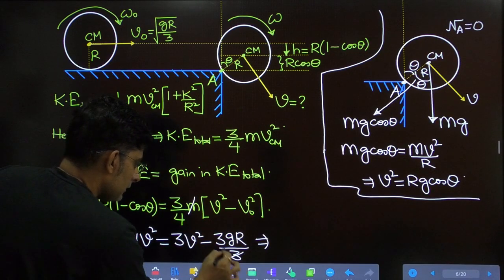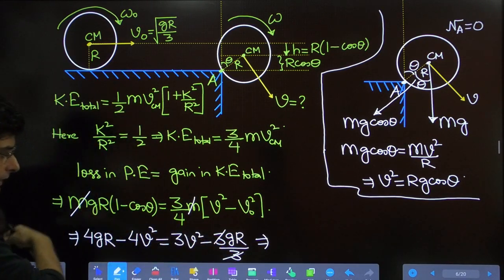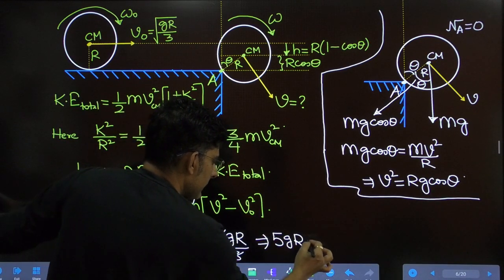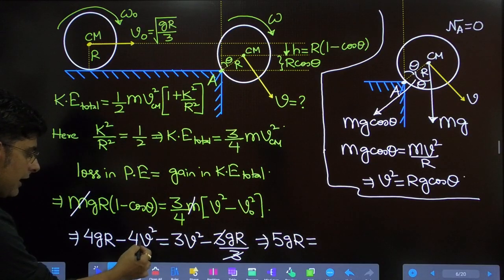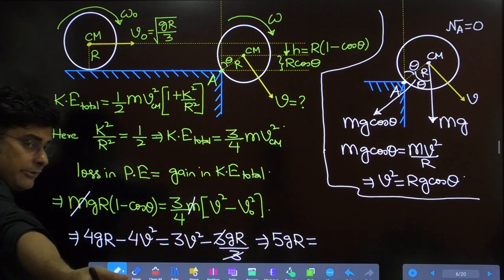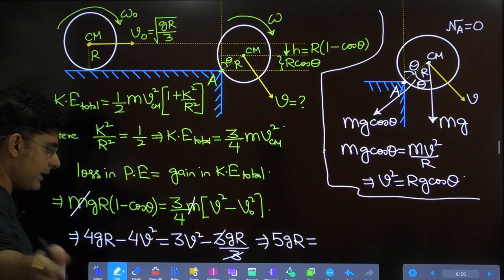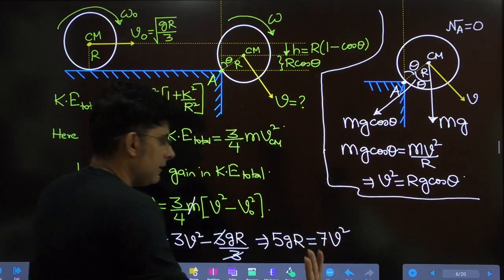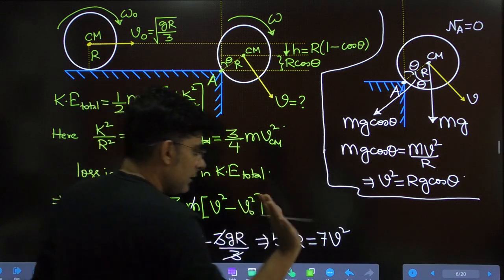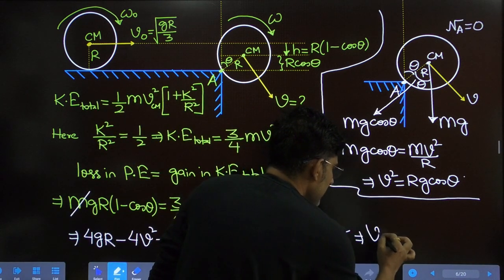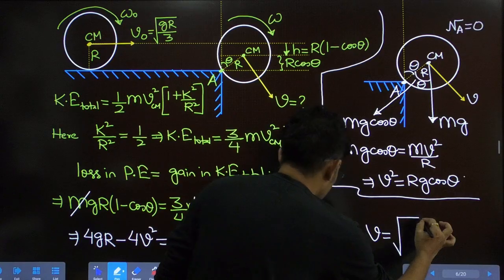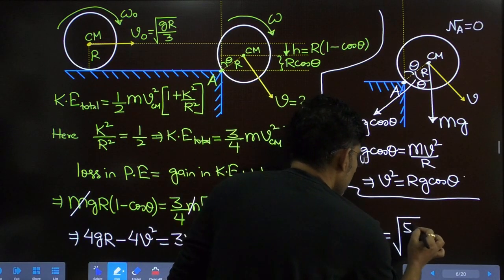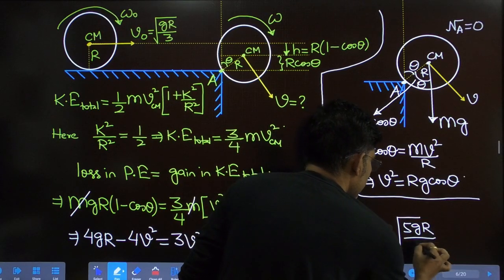So from here we can take like terms on one side. Here 3 cancels. 4gR plus gR, 5gR comes on one side, and here we have 4v squared plus 3v squared, which is 7v squared. So from here v will become equal to root under 5gR by 7.